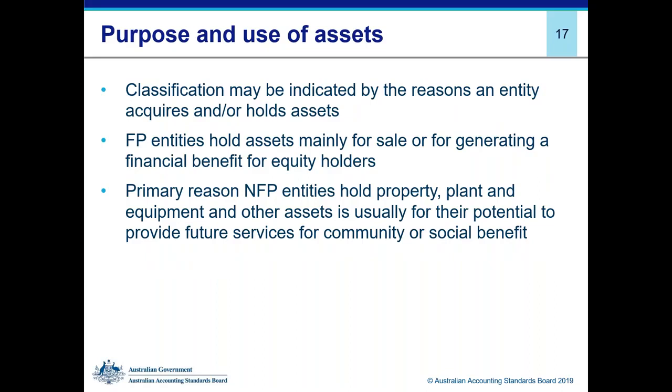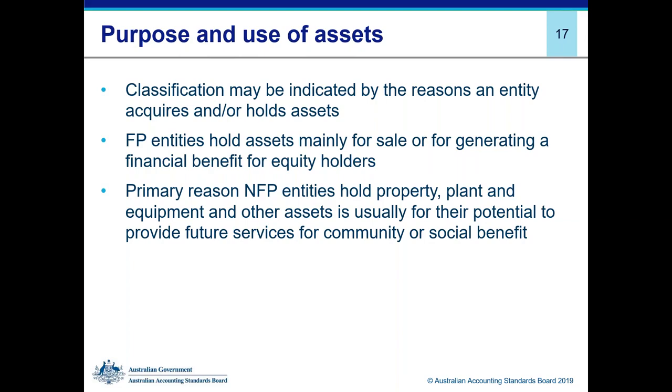The purpose and use of assets is the next indicator. Classification may be indicated by the reasons an entity acquires and or holds assets. For-profit entities hold assets mainly for sale or for generating a financial benefit for equity holders. By contrast, the primary reason not-for-profit entities hold property, plant and equipment and other assets is usually for their potential to provide future services for community or social benefit.